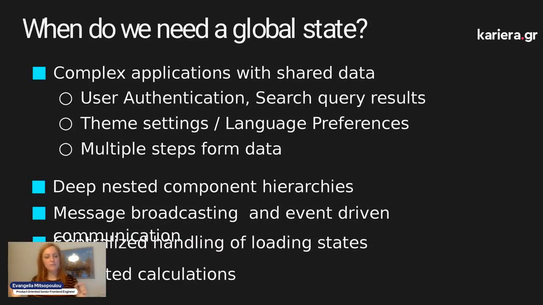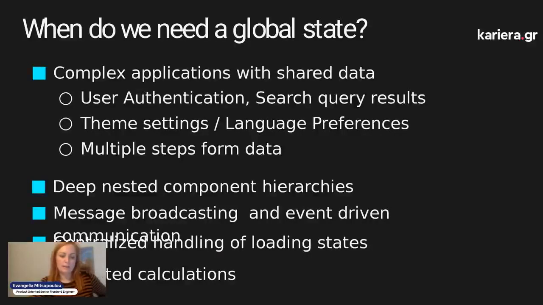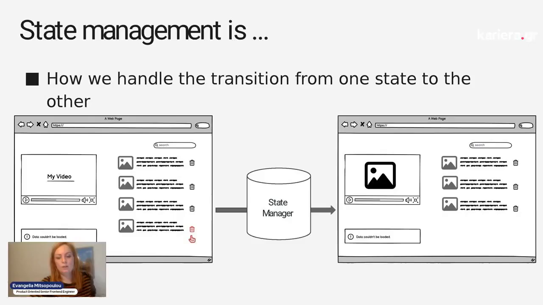In that case, it's a very good scenario where we would need a global state that will act as a third place where we can share the information to go from the pop-up to another header. Sometimes we have complicated calculations, and it is nice to be shared somewhere if they are frequently computed. So these are examples on when do we need a global state.